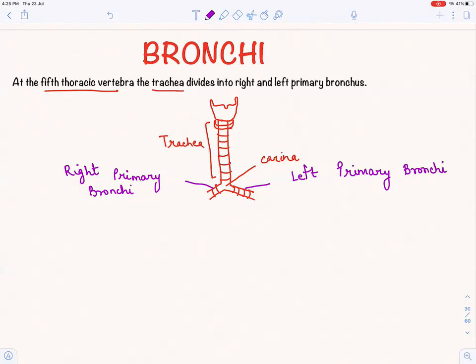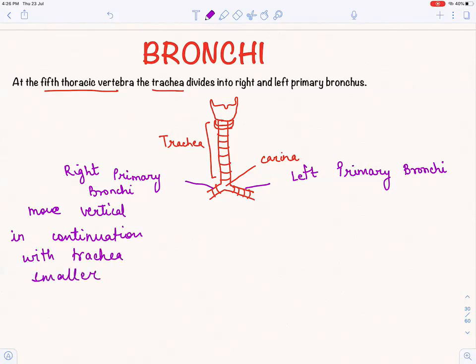And what is that difference? The right primary bronchus is more vertical. It looks as if it is in continuation with the trachea, and it is smaller also.